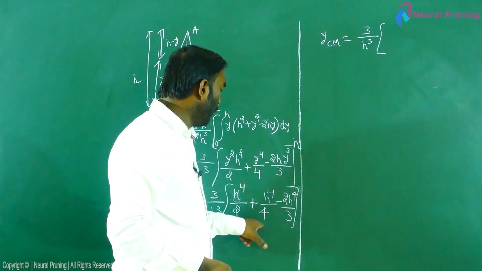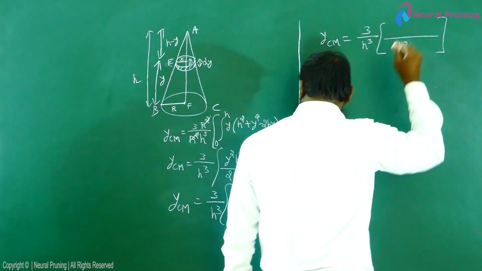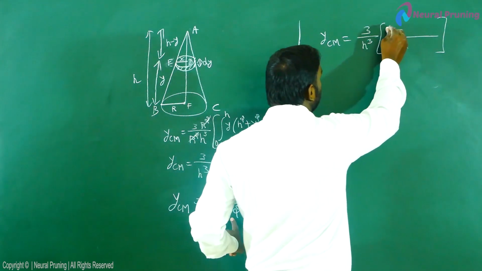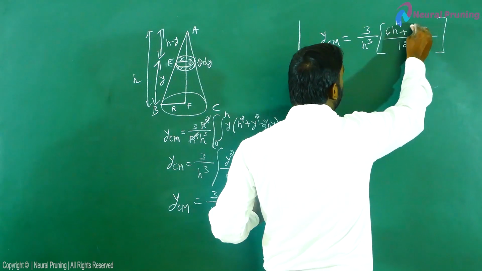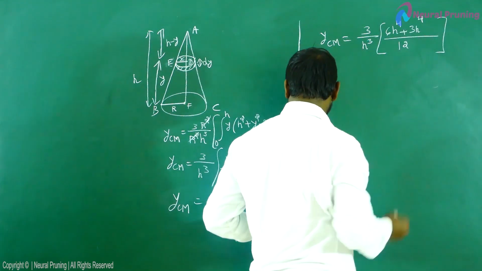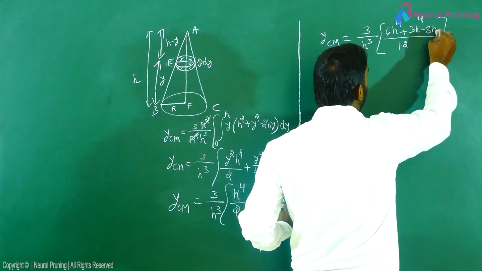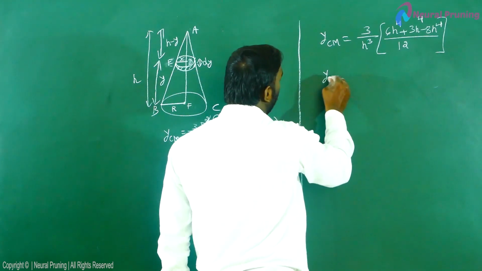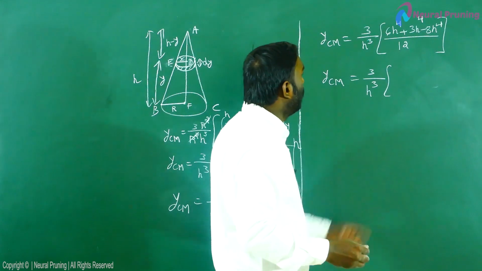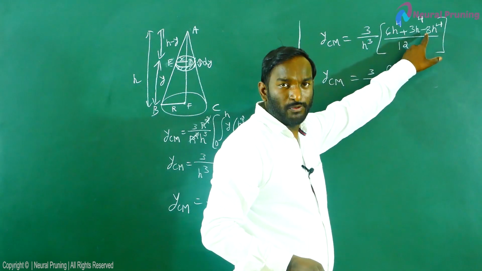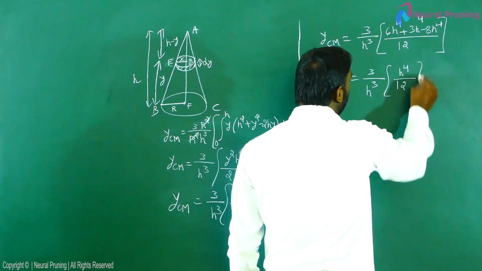Here LCM 2, 4, 3 LCM is 12. So here it will be 6H to the power 4 plus 3H to the power 4 minus 8H to the power 4. So YCM is 3 by H cube into 9H to the power 4 minus 8H to the power 4, H to the power 4 by 12.